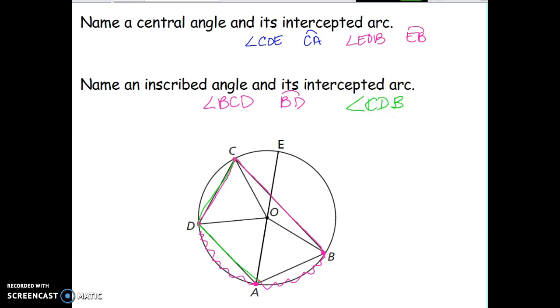And we have to be careful with this intercepted arc because this arc goes all the way from C around the circle and all the way over to A. Now this is greater than half of the circle, so that means that this is a major arc, and with major arcs, we need to make sure that we name those with three letters. So this would be either CEA, or CBA, or you could reverse it and go the opposite direction. So CBA would be one name for that major arc.